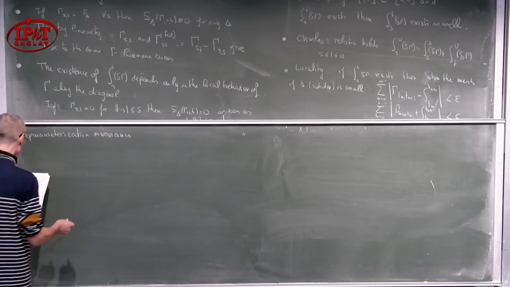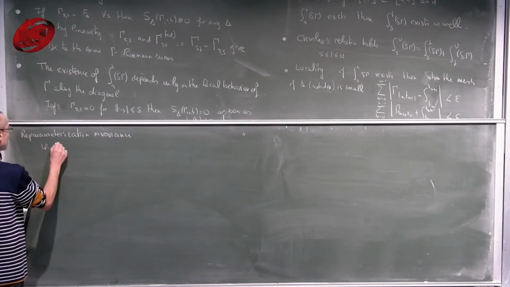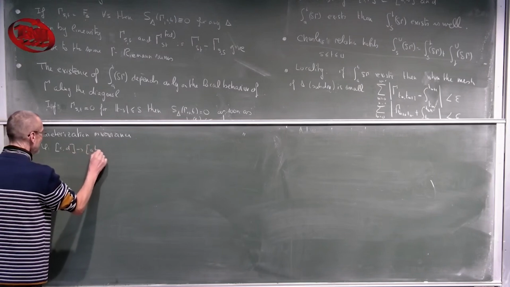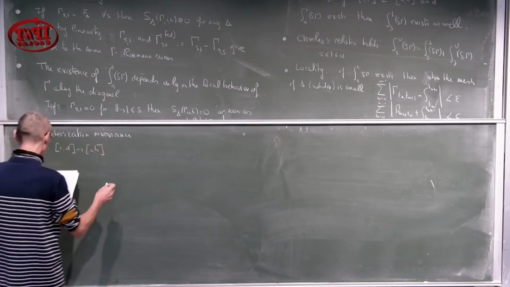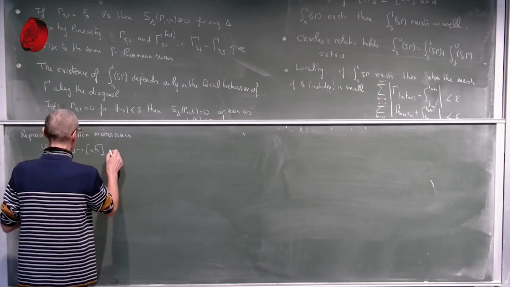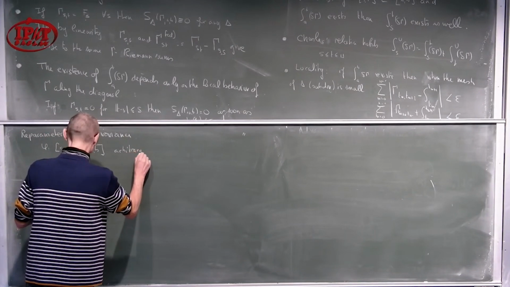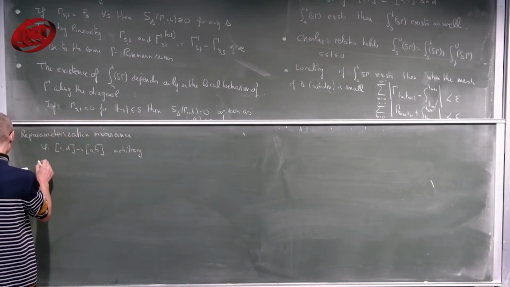So imagine that you have phi that goes from interval CD to interval AB, and it's arbitrary to start with, and you define the pullback.